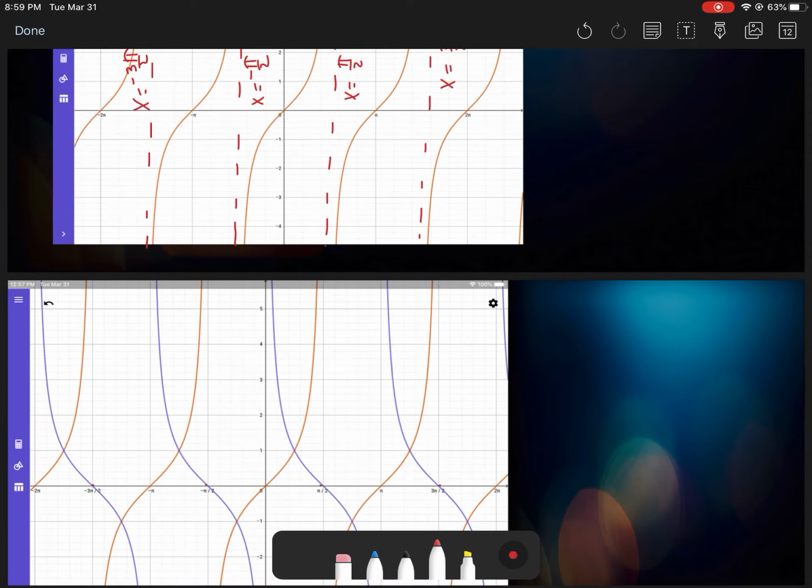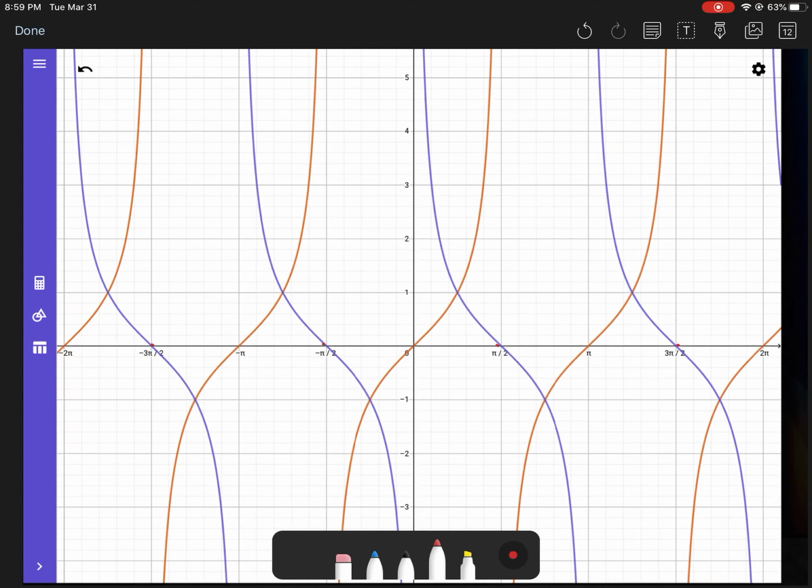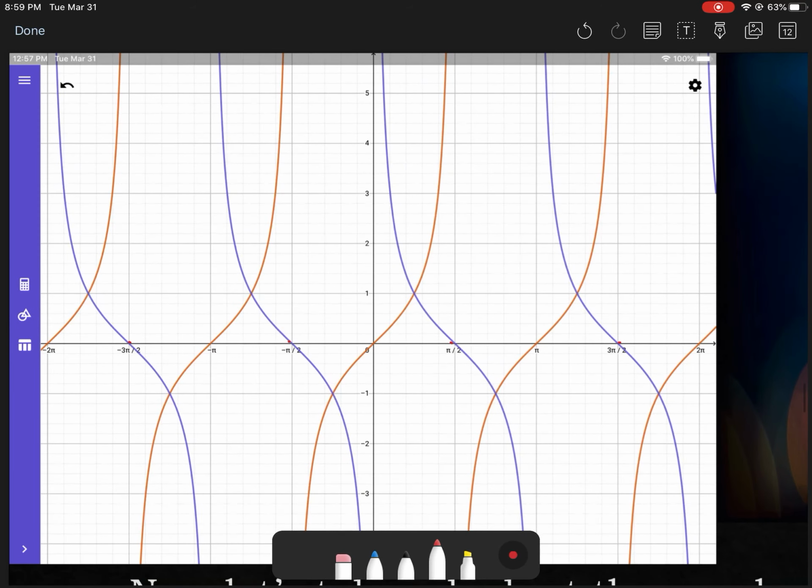So here we have that, and the asymptotes then are going to be different. The asymptotes for cotangent are going to be different. They're not going to be the same as the asymptotes for tangent.